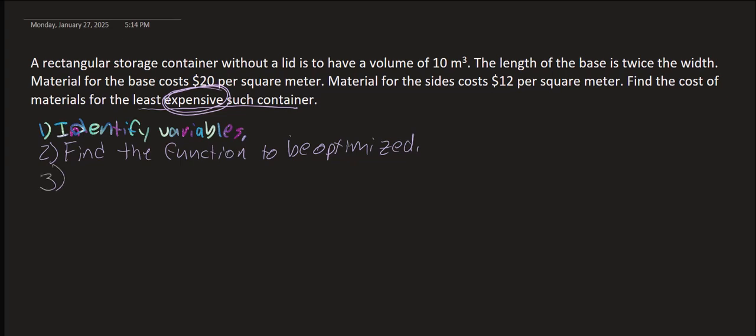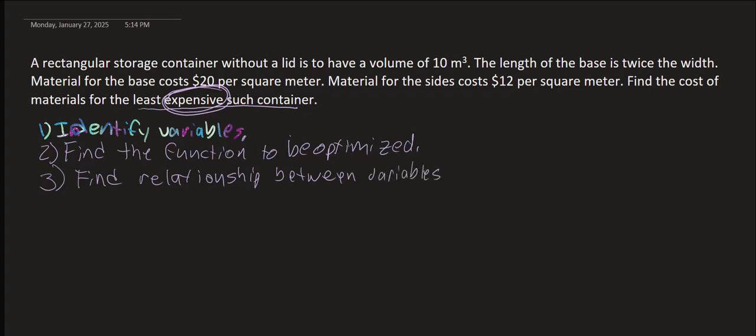And then you want to find a relationship between the variables. Often, this is going to be a formula. And if it's something geometric, it'll be a geometric formula. So find a relationship between variables.